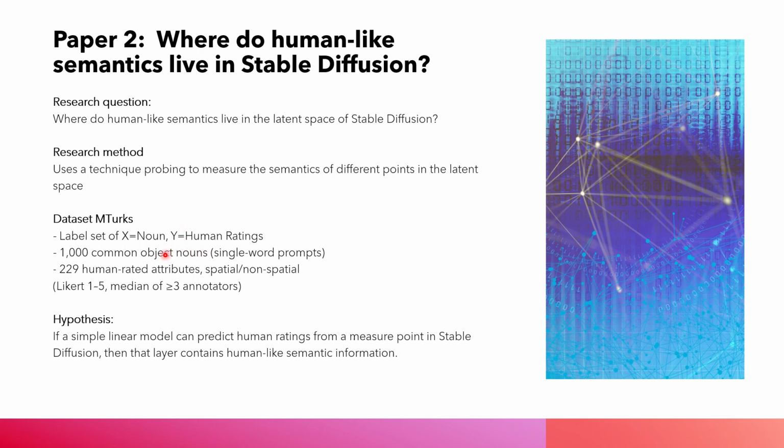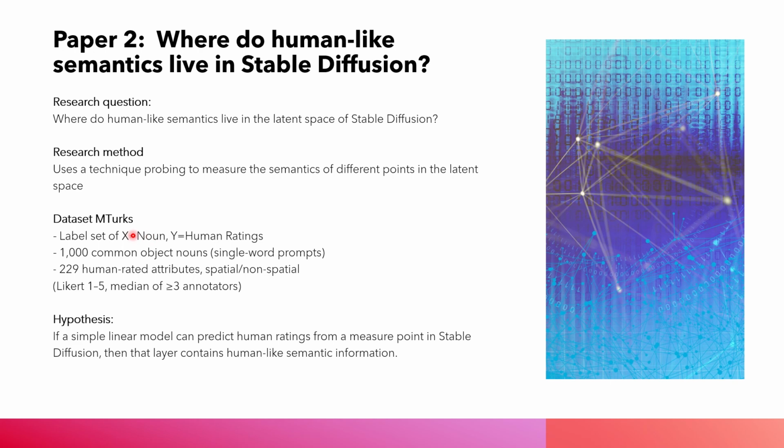For example, a noun could be a text prompt like bear, and human ratings are attributes like large or scary. If you compare it, for example, to a whale, large might be 3 for a bear and 5 for a whale, and scary might be 5 for a bear and 2 for a whale.